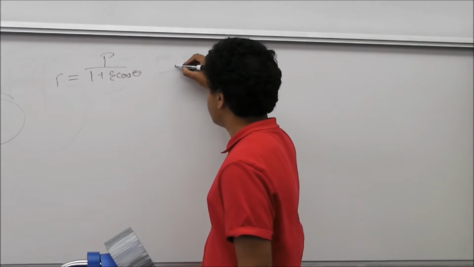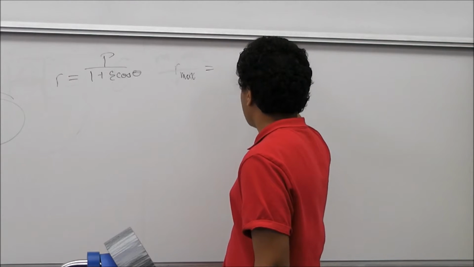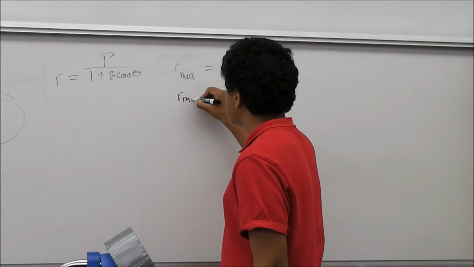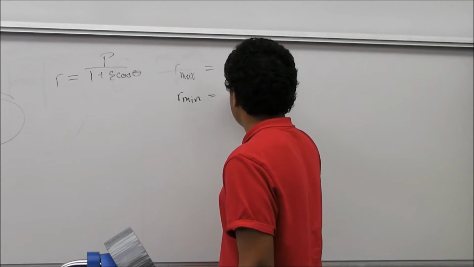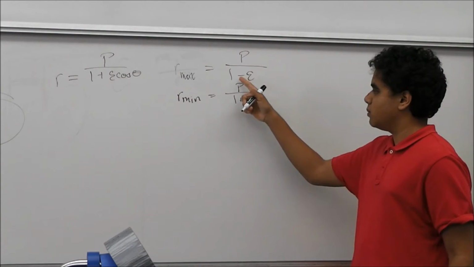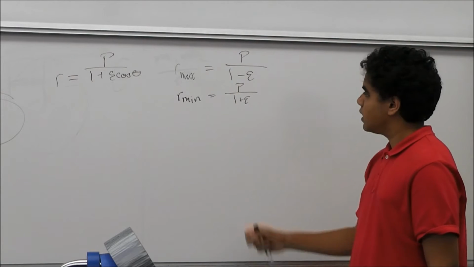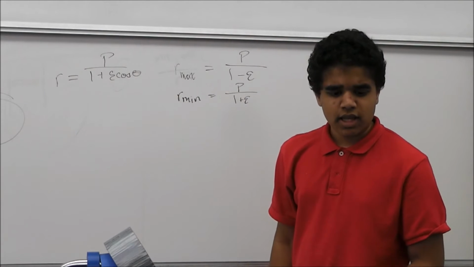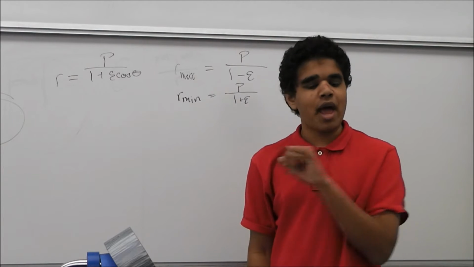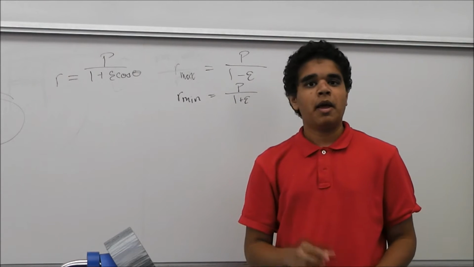So your maximum radius will be p over 1 minus epsilon, and your minimum radius will be p over 1 plus epsilon, because if you have a small denominator, you'll have a large value. When it's at its maximum radius, the planet is said to be at its aphelion, and its minimum radius is called perihelion.